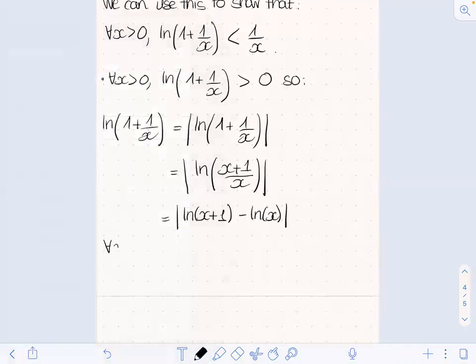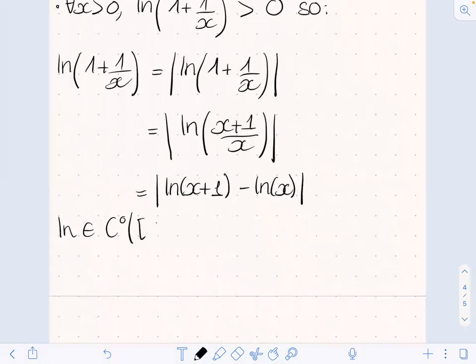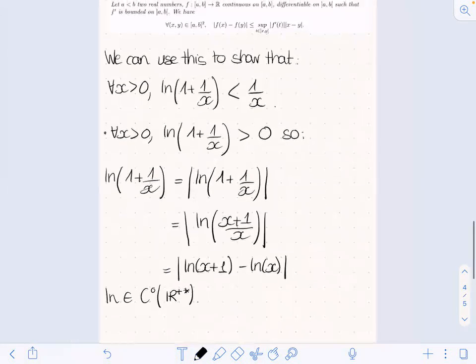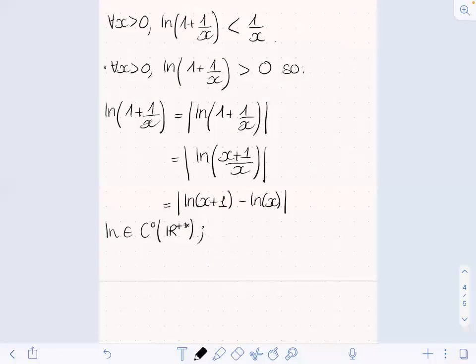or rather I'll write things like this. ln belongs to C0 on R plus star. So whenever you take any positive points, you're continuous.